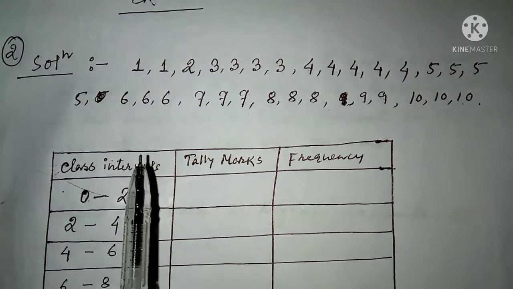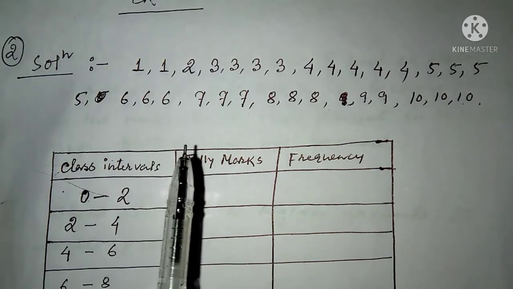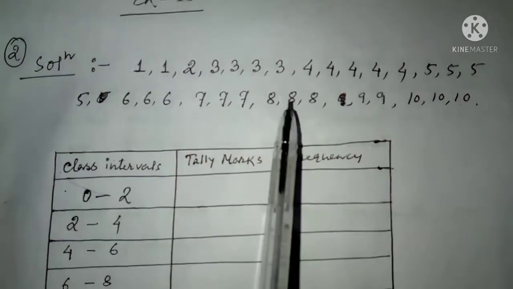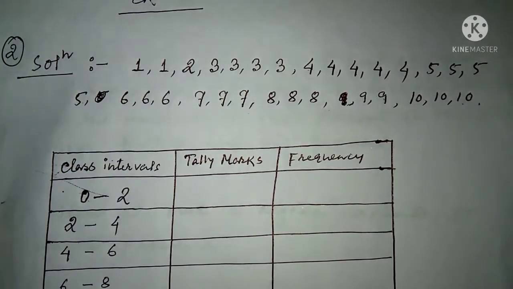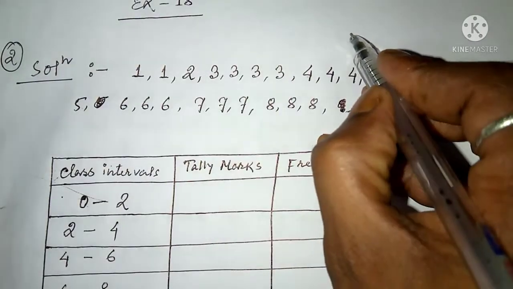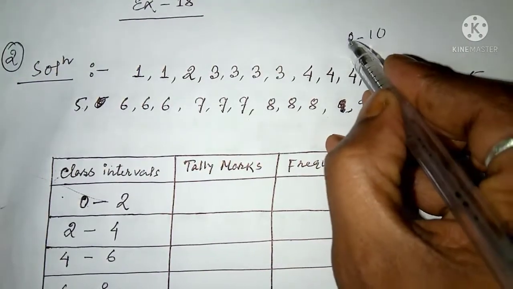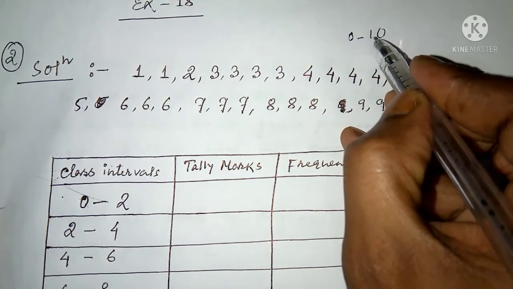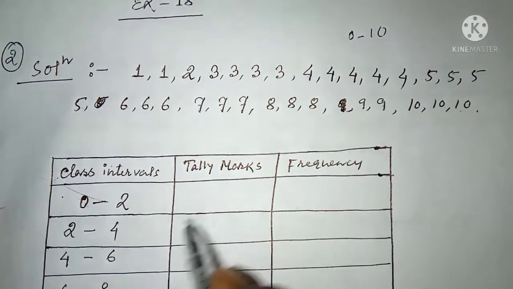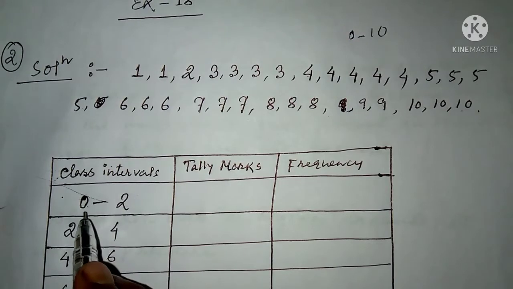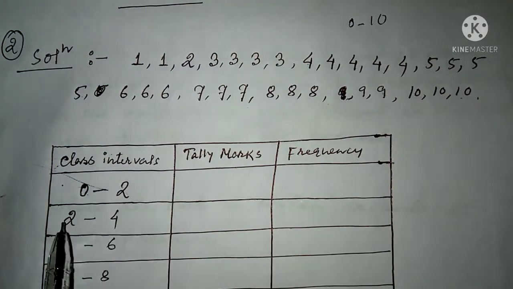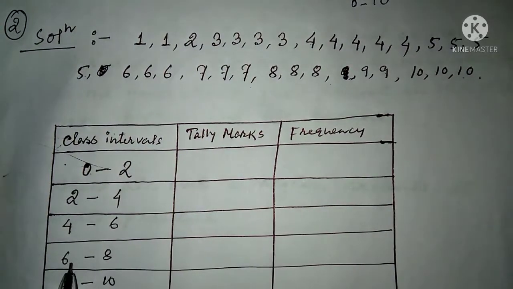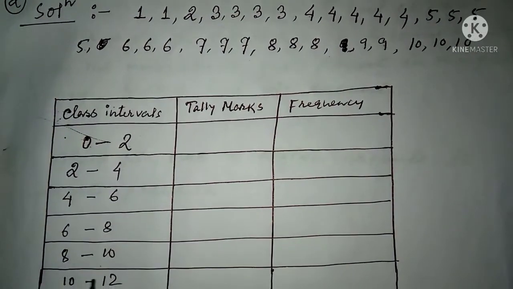If you consider a class interval from 0 to 10, you would need to write all the entries in one class interval, because 0 to 10 means counting 0, 1, 2, 3, 4, like this till 10. That's why I have considered a class interval range of 0 to 2. Then see here: 0 to 2, 2 to 4, 4 to 6, 6 to 8, 8 to 10, and 10 to 12.